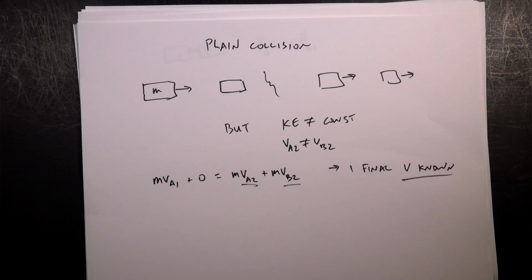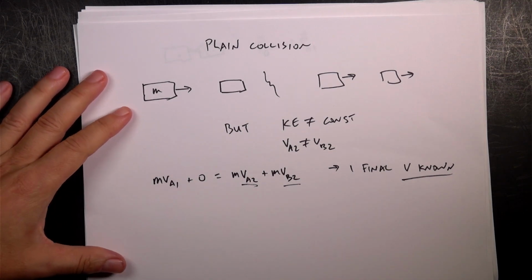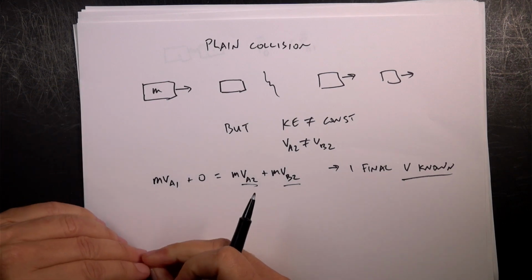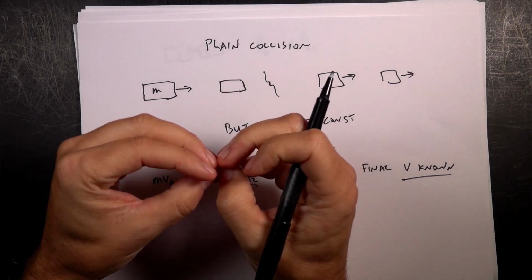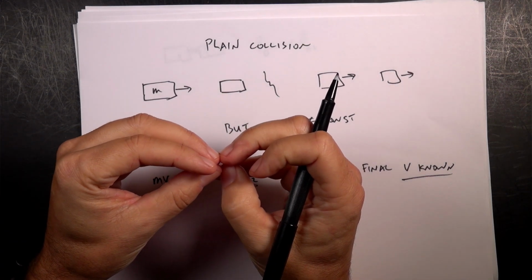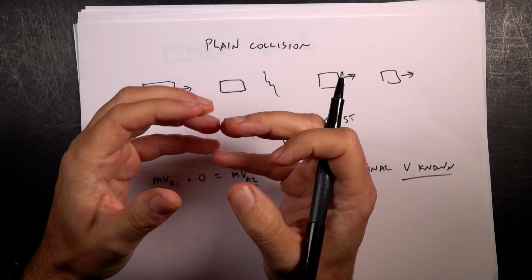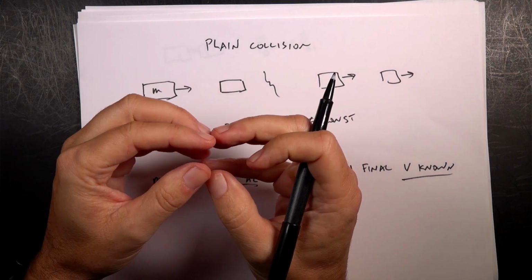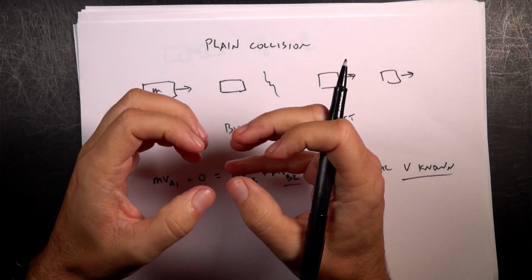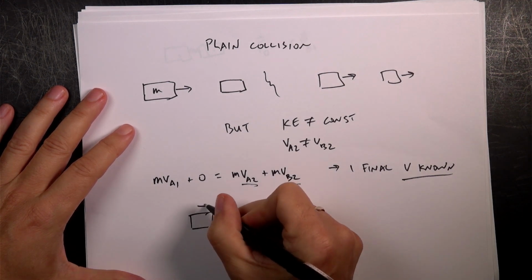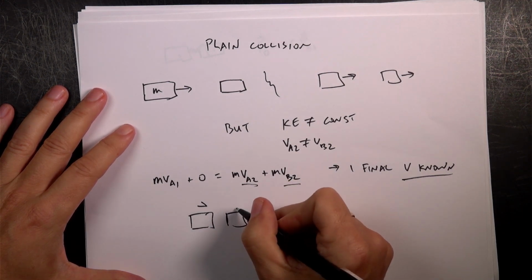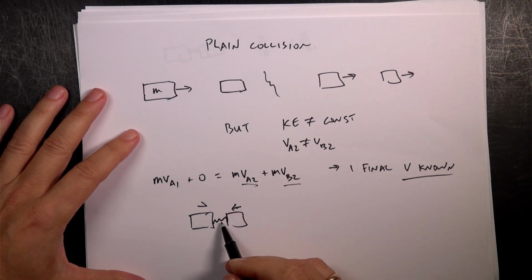Now, how do you model this in Python? That's actually very difficult because what I want to do is I want them to collide and I want a spring to push them apart. But what I'm going to do, to prevent them from conserving kinetic energy, is have a variable spring constant. So if they're moving towards each other, relative, then I'm going to have a stiff spring.